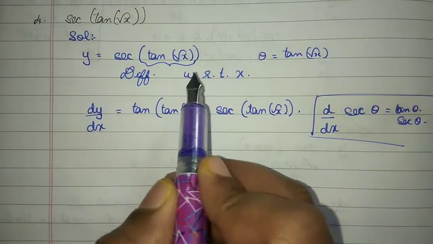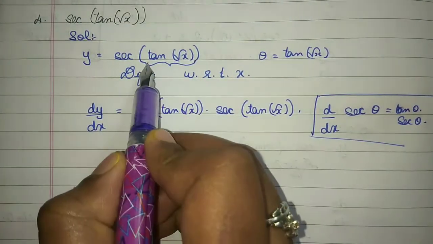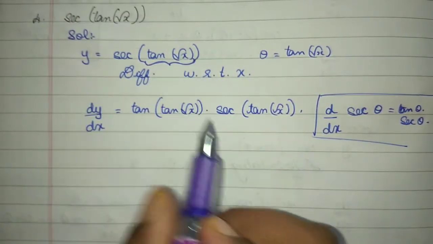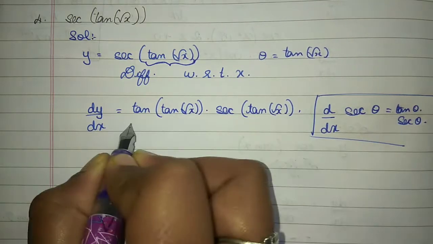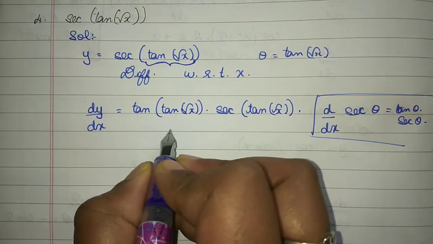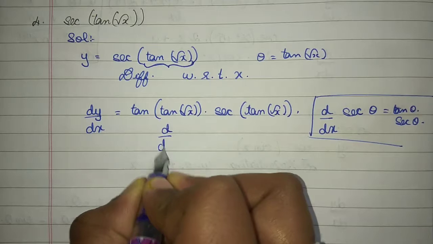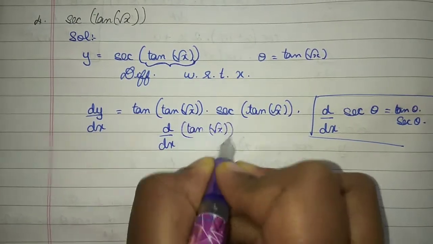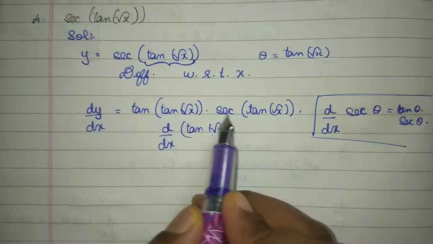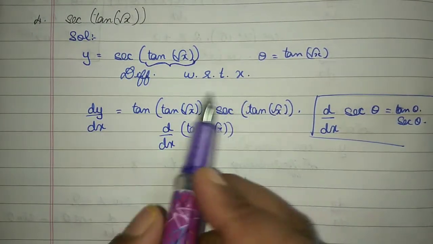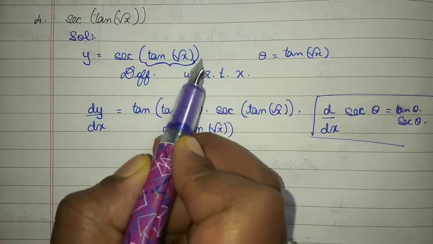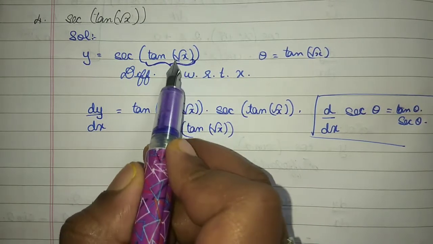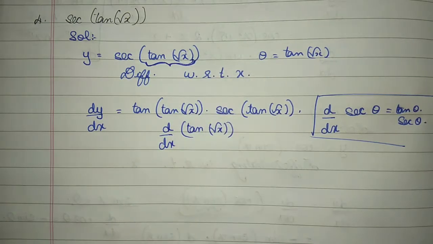Okay, so in the next step, what you should do, you have to differentiate this function, that is theta of secant. So in the next step, this is multiplication. So let me write it here because I don't have place there. So d by dx of tan of root x. This time we need not consider secant because this is a chain rule. First we will be differentiating the entire term and then the next function and then the next function, we will be going like that.